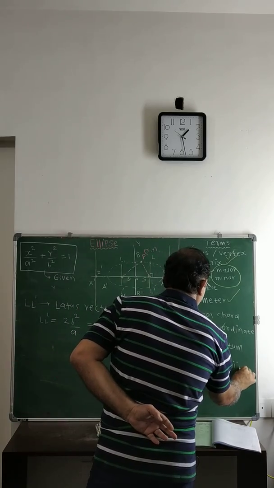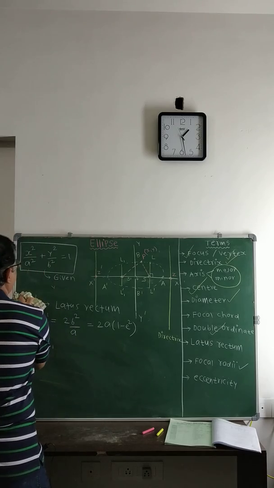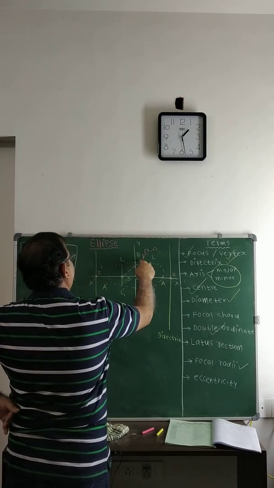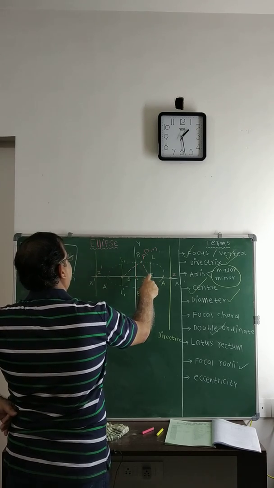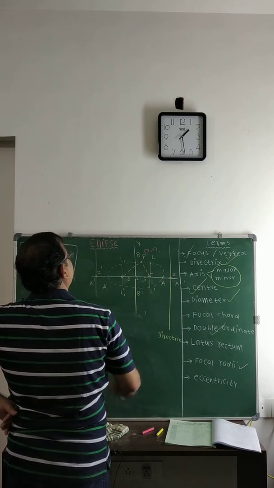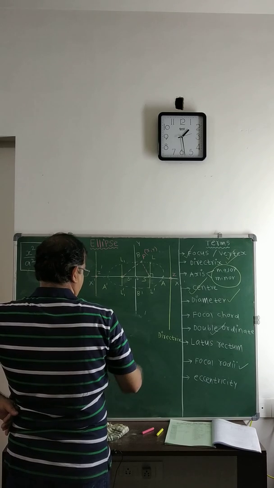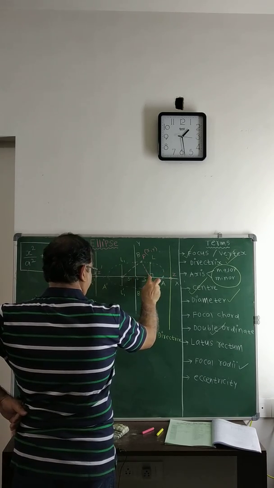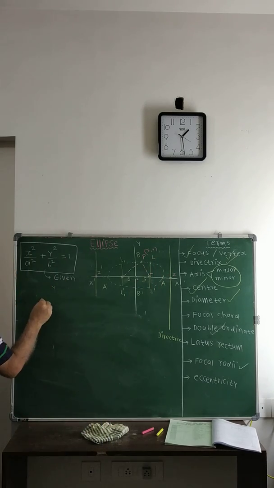Then comes focal radii. Now it is a straight line connecting any point on the ellipse to the focus. For example, let's say P is a point and S is the focus, then PS is the focal radius. Similarly, PS dash is another focal radius. So any straight line connecting one of the foci to a particular point on the ellipse becomes a focal radius.